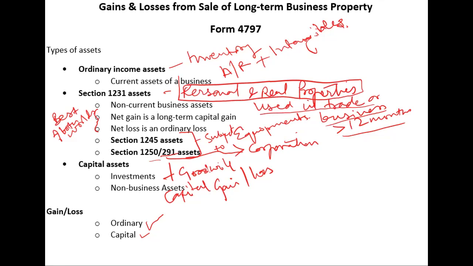Then ordinary loss treatment: section 1231 losses are netted against section 1231 gains.